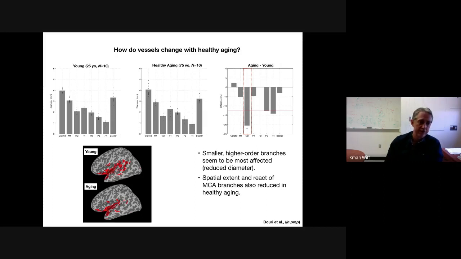Now, this is quite interesting because we know that, for example, in the case of Alzheimer's, age is of course strongly correlated to the probability of developing this disease. And so if this result is replicated using a larger cohort, it would mean that perhaps the MCA is more susceptible to this than the other cerebral arteries.